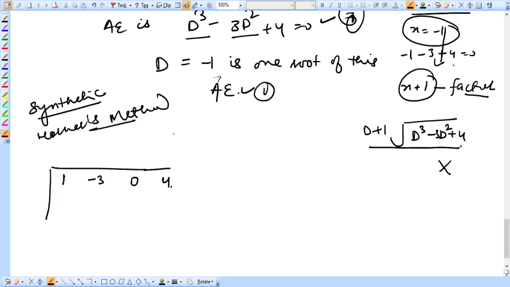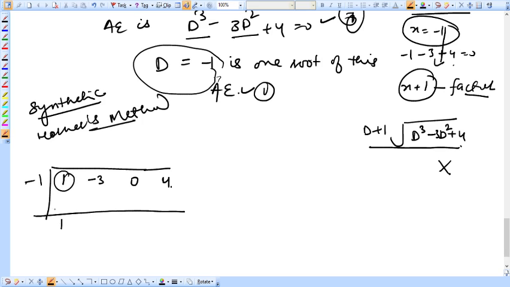Now we know one of the roots is minus 1. Write this here as it is. Now multiply and add the numbers: multiply minus 1 with 1, add, we get minus 4. Multiply minus 4 with minus 1 again, we get 4, add these two numbers, we get 4 again.